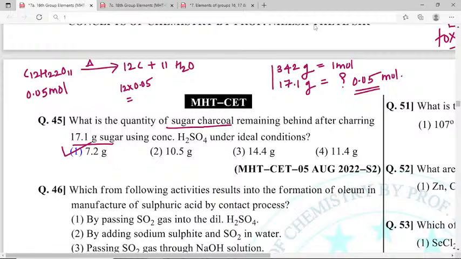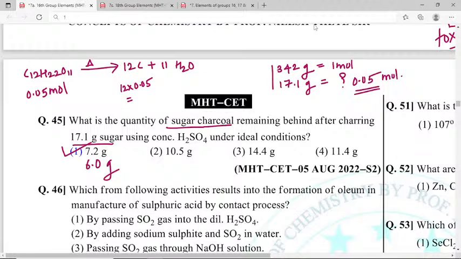Get it? I think this answer should be 6.0 gram.